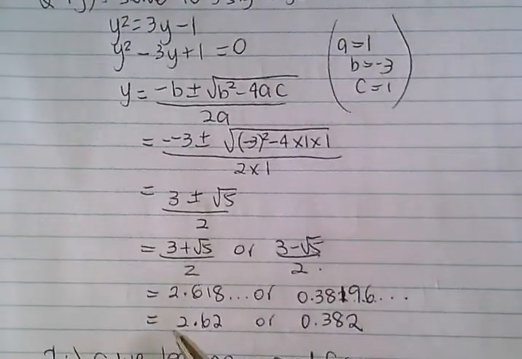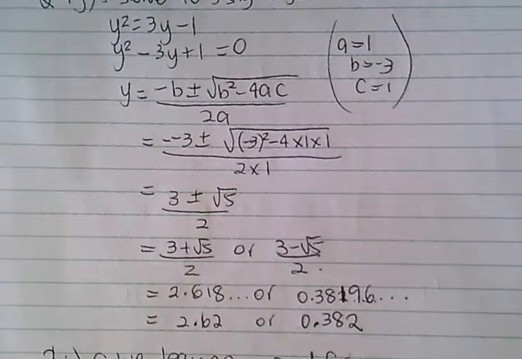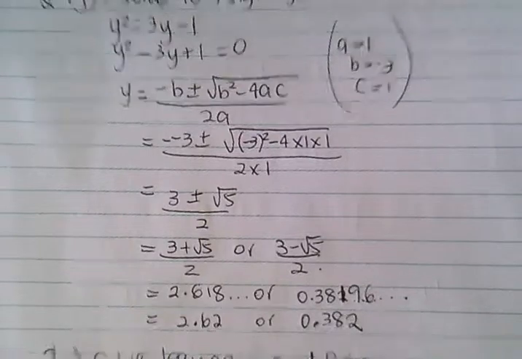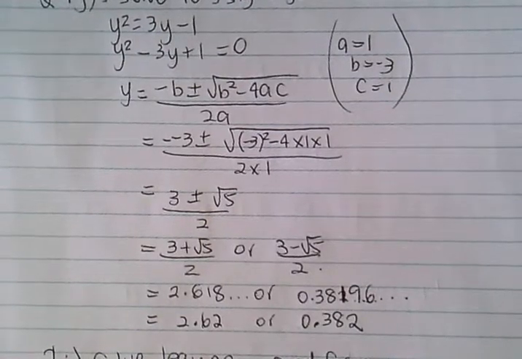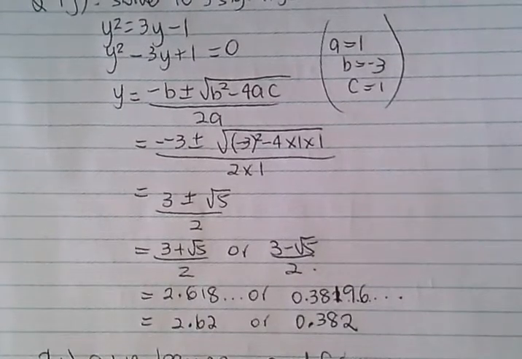Now, three significant figures, 1, 2, 3. The 0 at the beginning of 0.382 is not significant. Zeros at the beginning of a decimal are not significant. However, zeros at the end are. It indicates degree of accuracy, that you can measure that accurately.